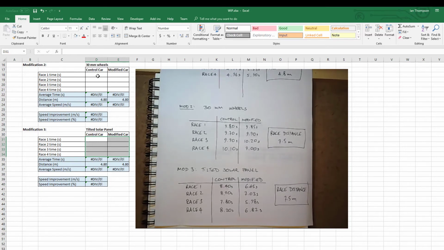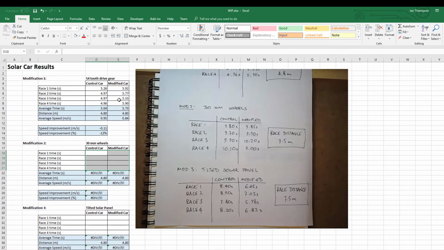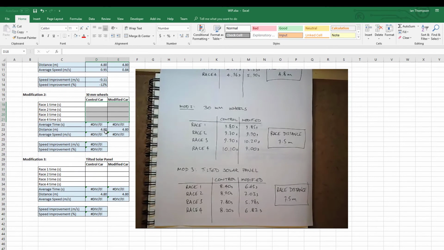But I've just deleted the data. So I've taken all my race data out of there. So I've left it in my first one, but I've just taken it out of my second one and my third one. And I'm going to now type my new data in. And when I type my new data in, you'll see that it'll automatically adjust these. So I'm going to do this very quickly. I'll put me on fast forward. So let's see how I go.